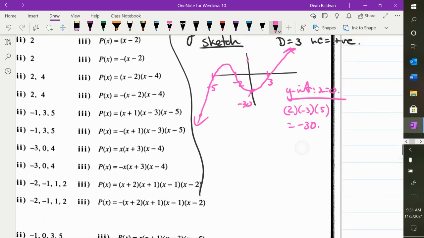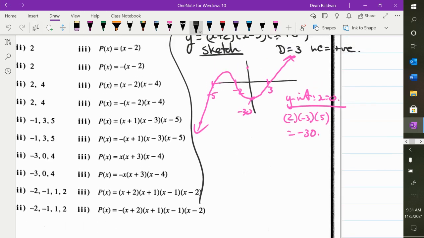All right, let's try another one. Sketch this. That's a negative right at the very front. Sketch that graph, please.